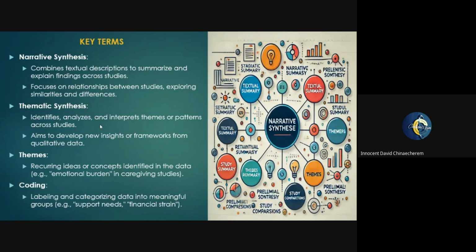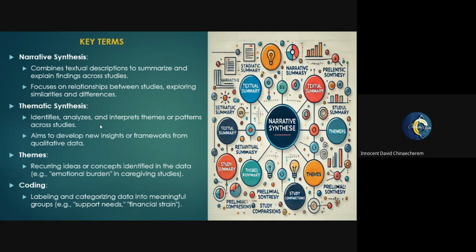Moving forward, there are certain key terms we need to understand, which will be very pertinent for us. One of them is narrative synthesis. What is narrative synthesis? It is a process that combines textual descriptions to summarize and explain findings across studies. We're also going to show examples of this.